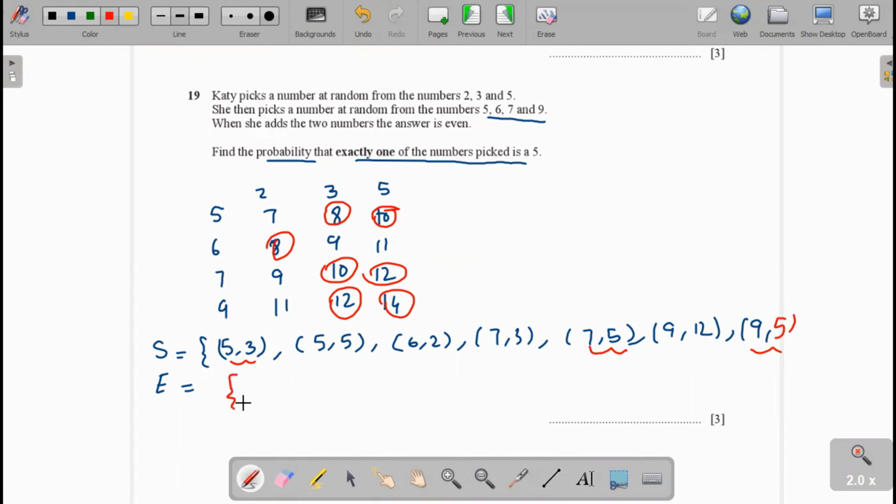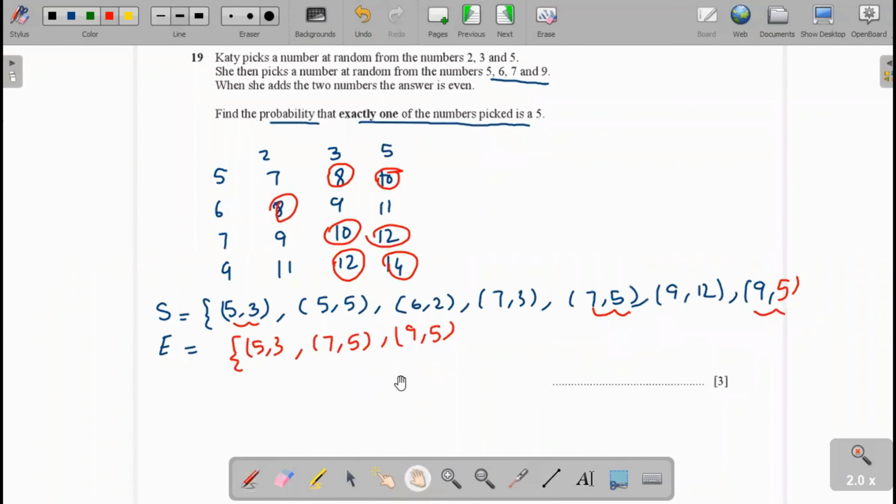The sample space of this experiment is 5, 3, 7, 5, 9, 5. 5, 5 will not be included because exactly one of the numbers is 5, not two numbers.